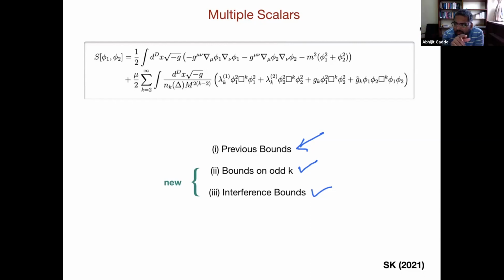No, but for a given k, they will be subleading, but for a larger k, they would be leading, correct, compared to those terms? No, if you have a fixed number of derivatives, it's fixed which terms it can contribute to. It cannot contribute to a large k term. The number of derivatives dictates what k it can contribute to.